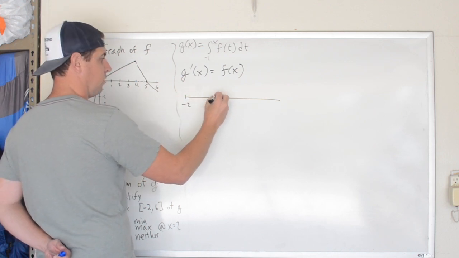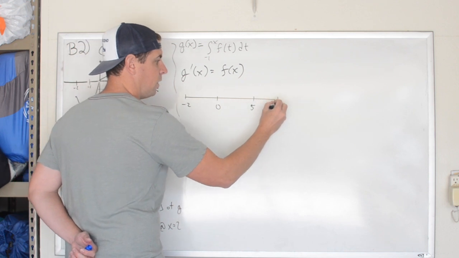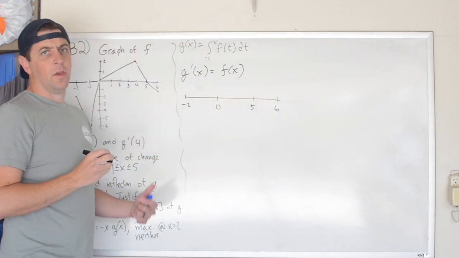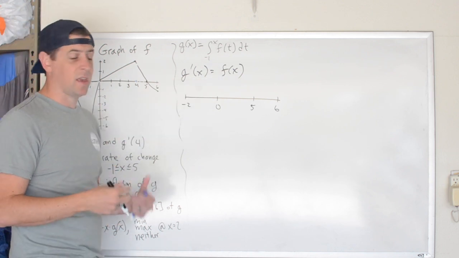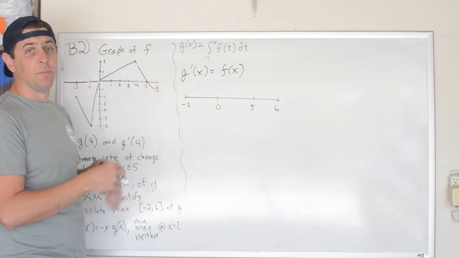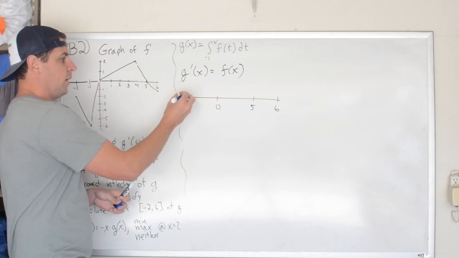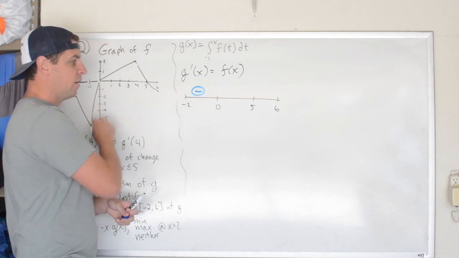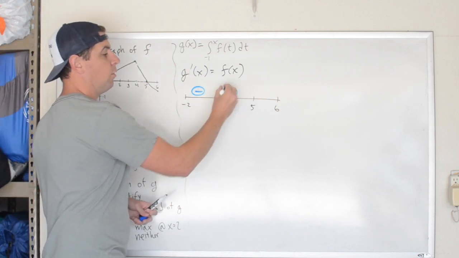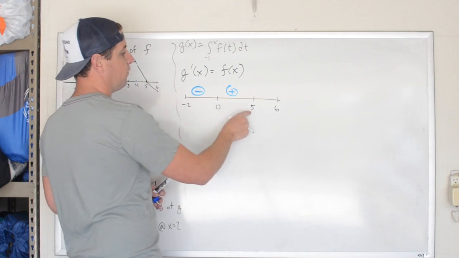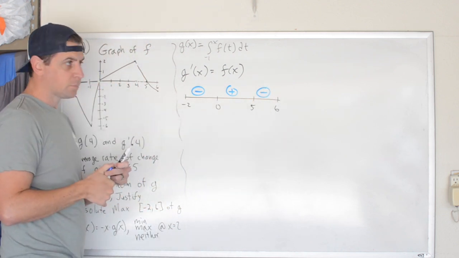In this case, I'm going to do -2, 0, 5, and 6, my critical points being when F of X crosses the x-axis, and also my endpoints. Between -2 and 0, my whole function is negative, or below the x-axis. Between 0 and 5, my whole function is positive, or above the x-axis. And from 5 to 6, it's below the x-axis, so it's negative there.